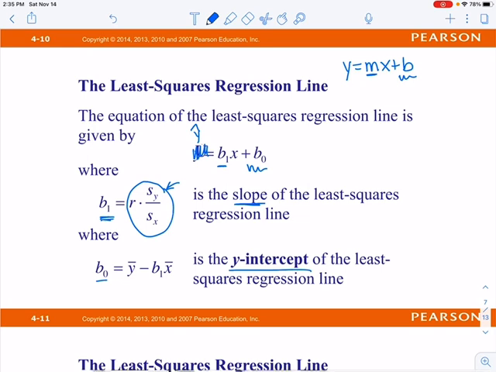What do y bar and x bar stand for? That goes back to something we learned earlier. Those are the means. So it's the mean value of y minus b sub 1 times the mean value of x. And that b sub 1 we're going to get from r times s sub y divided by s sub x.